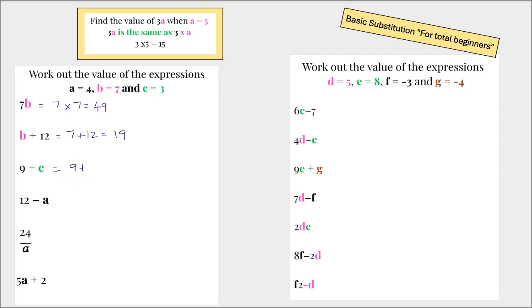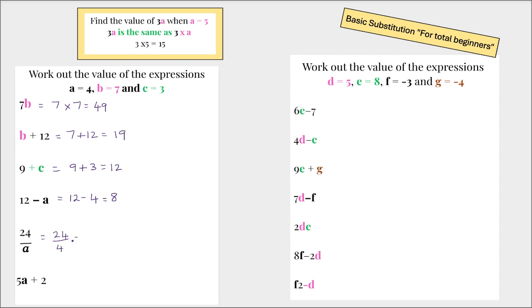9 plus c, and c is 3. 9 plus 3 equals 12. 12 minus a, well, a is 4. So it's going to be 12 subtract 4, which is 8. This is a divide, a fraction, it's a divide. So we're going to do 24 divided by a, which is 4.